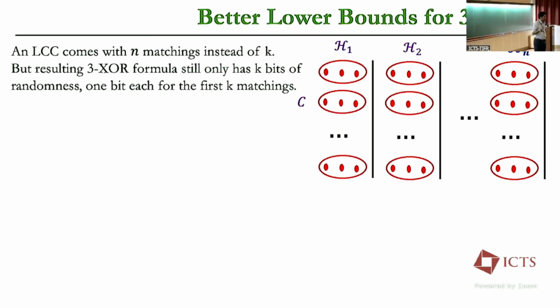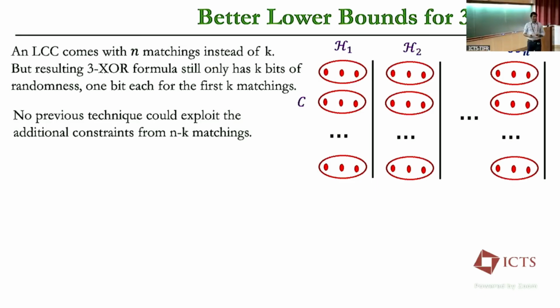That seems fine, right? The issue, of course, is that only the first K matchings come with a random bit, because each formula is decided by the message. I don't have the ability to make n random choices. I just have K random choices.